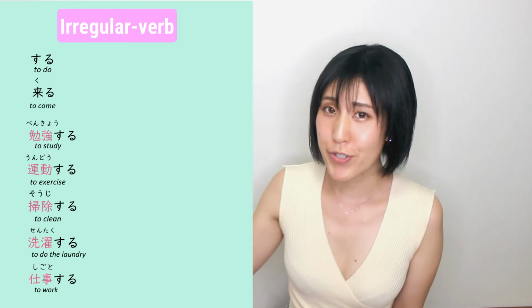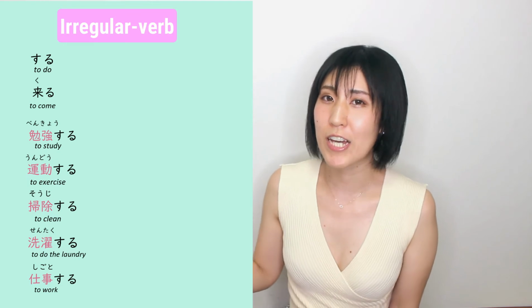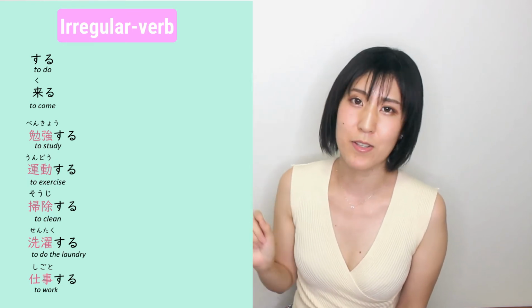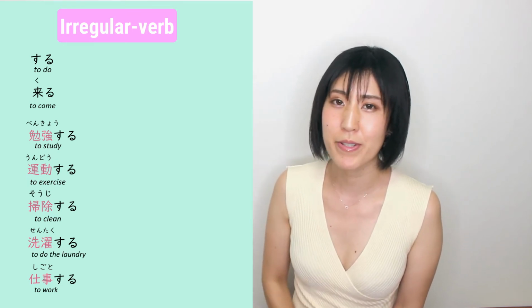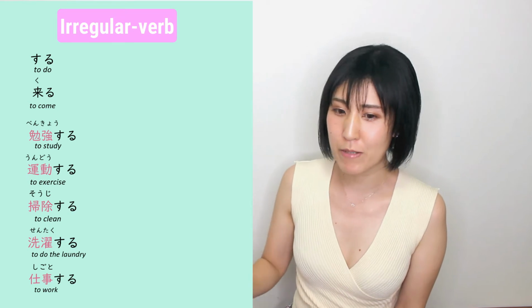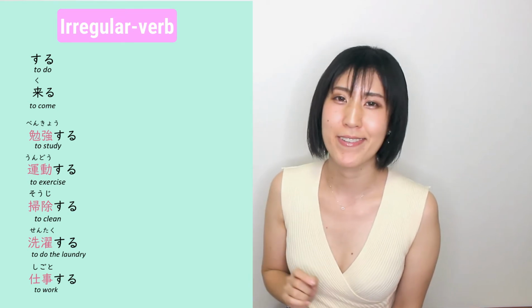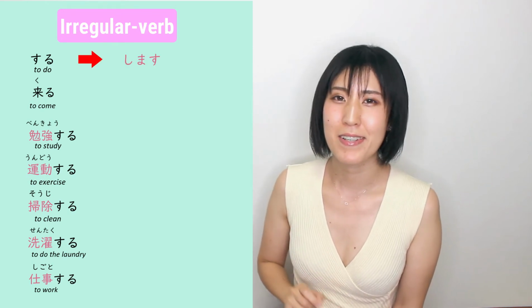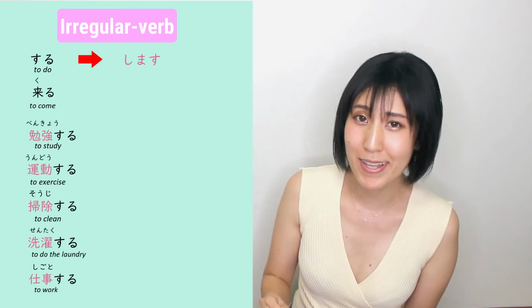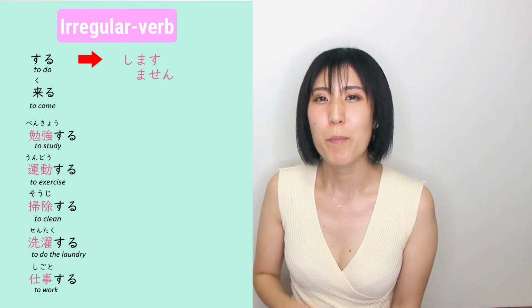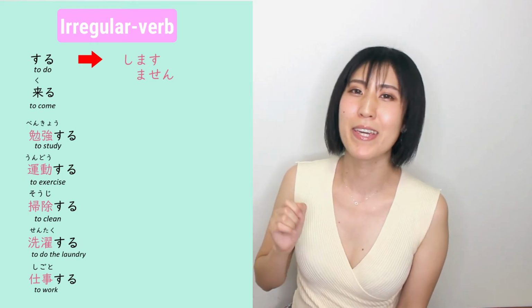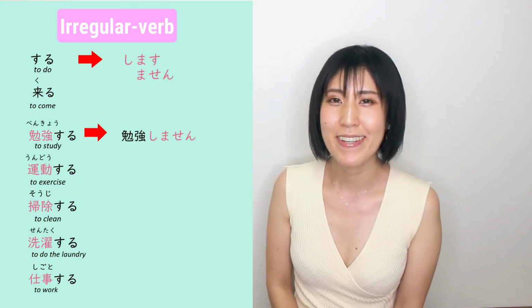Okay, so the conjugation of する is a little bit of a mix of ru verbs and u verbs, because する becomes a shi sound, but drop る: します、しません. So it's like 勉強します、勉強しません.